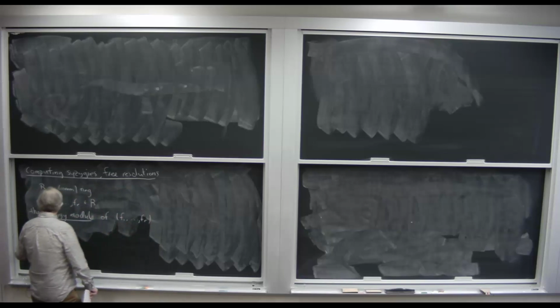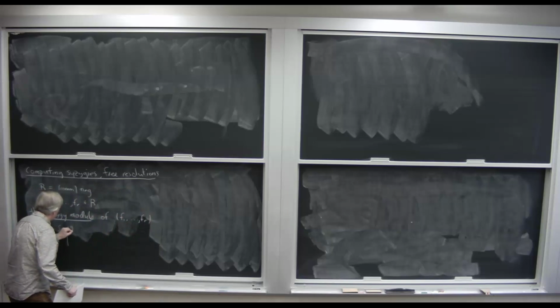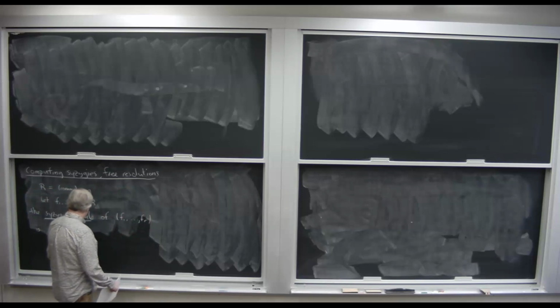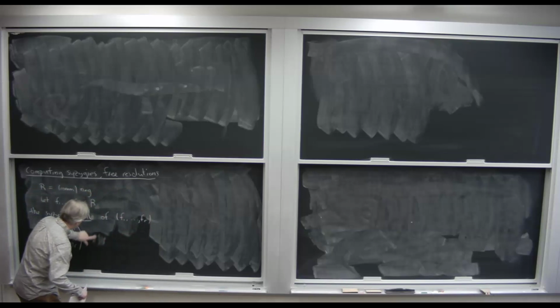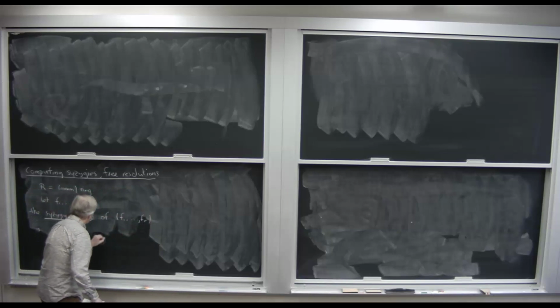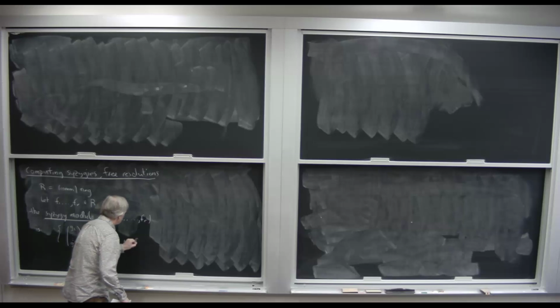The syzygy module of this is the set of columns G1 to Gr such that, well, let me just write this, the sum of Fi Gi, G1 F1 plus ... plus Gr Fr, is 0.